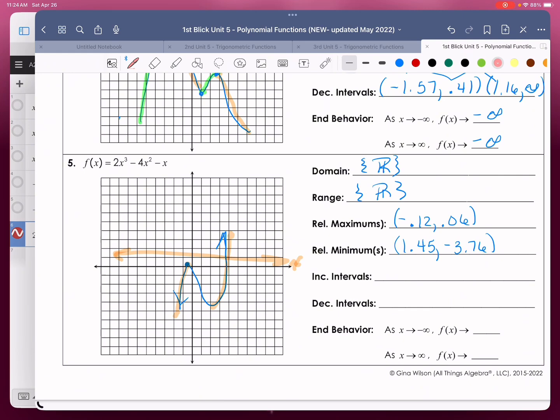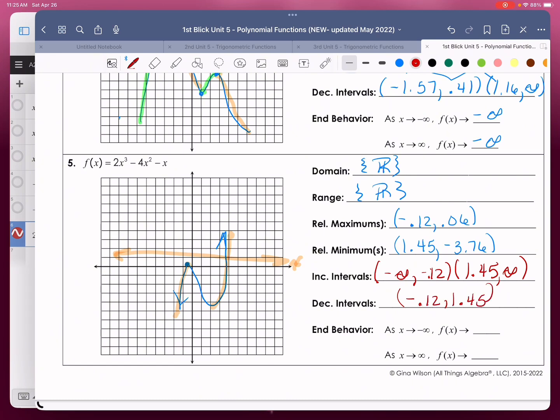So our increase interval is from negative infinity to negative 0.12, and from 1.45 to positive infinity. Now the interval for decreasing was from negative 0.12 to 1.45.